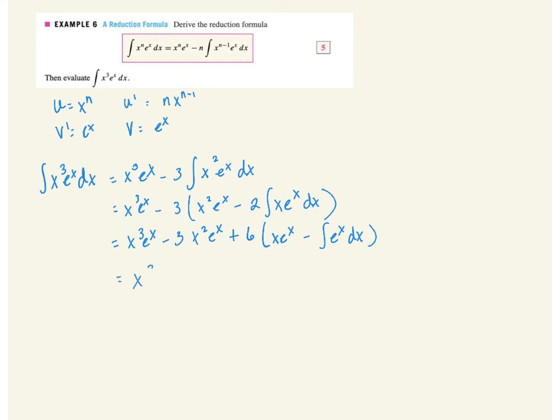We would have x cubed e to the x minus 3x squared e to the x plus 6x e to the x minus 6 e to the x plus c. Right. And most simplified version of the answer, I can factor my e to the x out, leaving you with e to the x times x cubed minus 3x squared plus 6x minus 6, plus c.